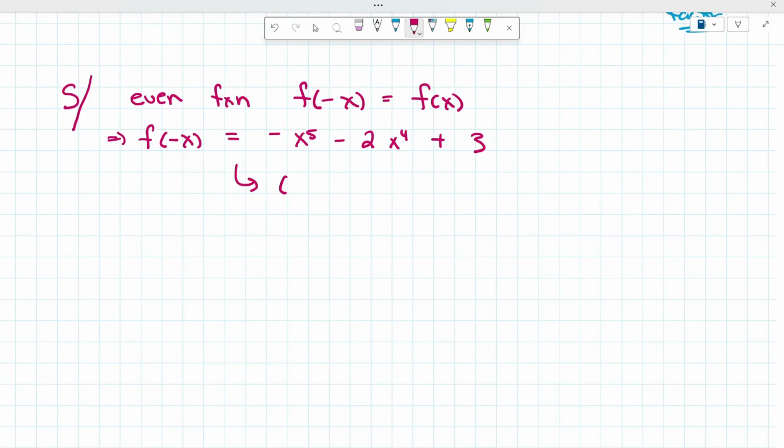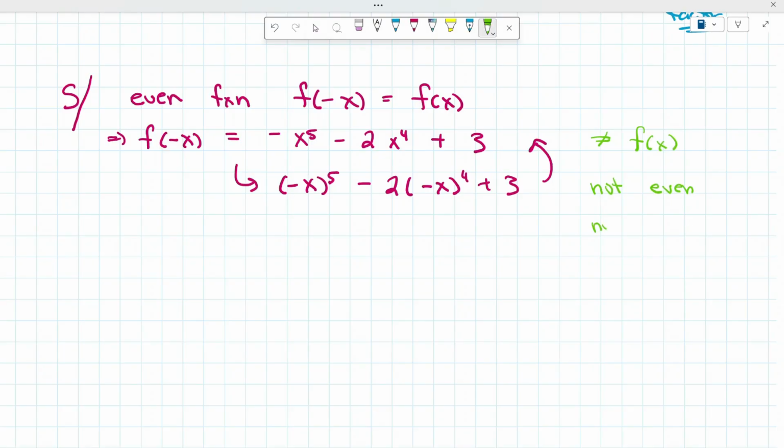We would have (-x)^5, then minus 2(-x)^4, plus 3, and following our exponent rules, we get what we have above there. And we can see that this does not equal our original f(x). So that means that this is not even.